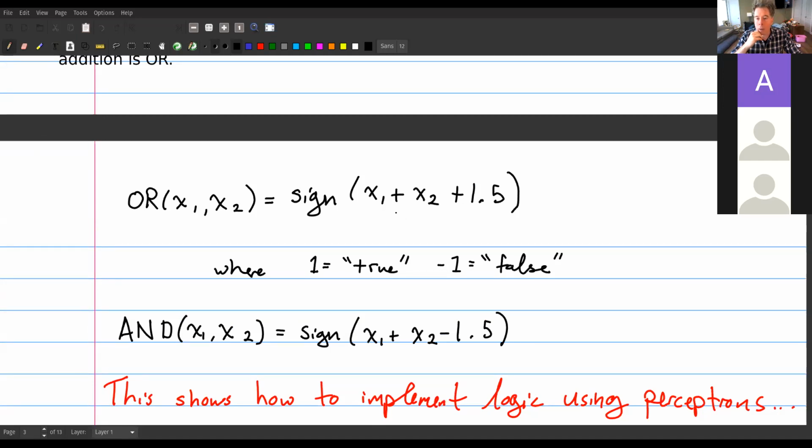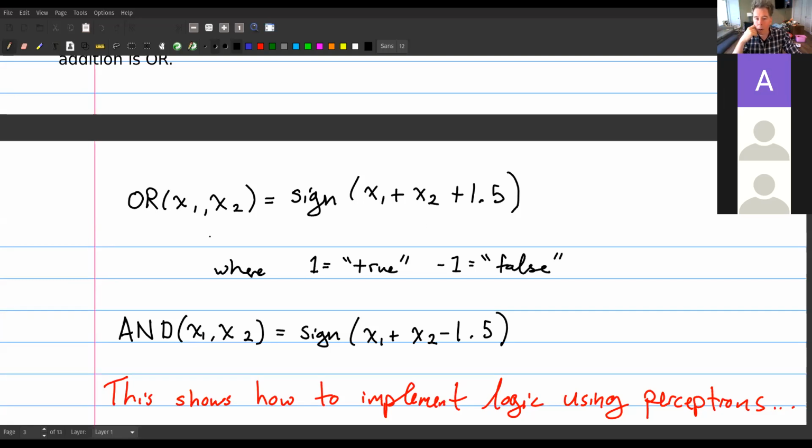So how many different numbers can you get if x1 is either plus or minus 1, and x2 is either plus or minus 1? If they're both plus 1, then you get 2, right? And then this becomes 3.5, which is true. One could be plus 1 and one could be negative 1, in which case these things are 0. And then you take the sign of 1.5, which is true.